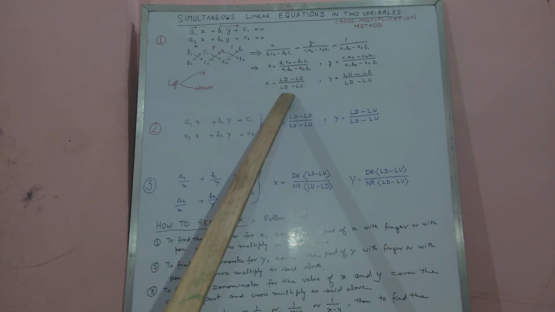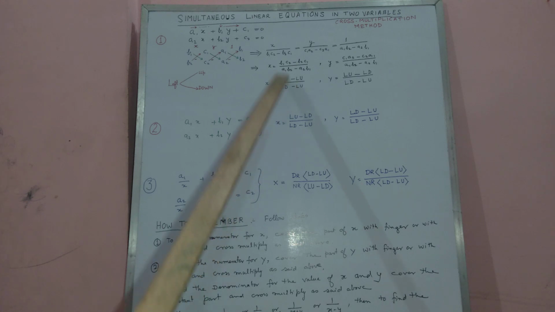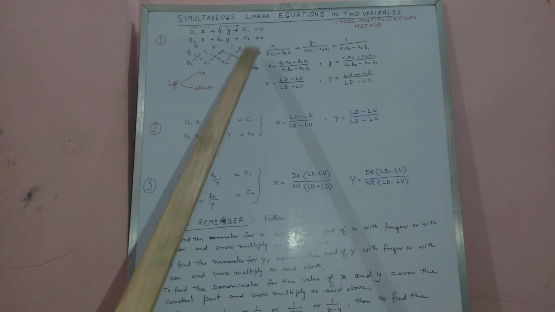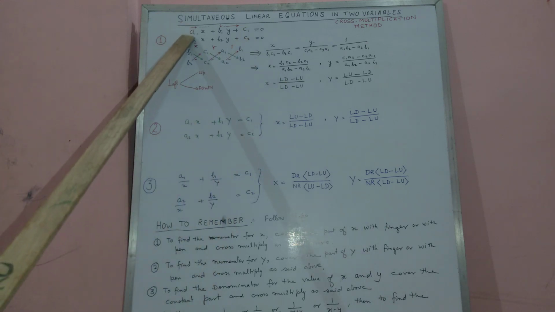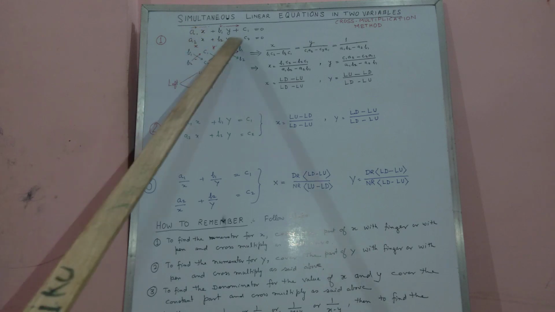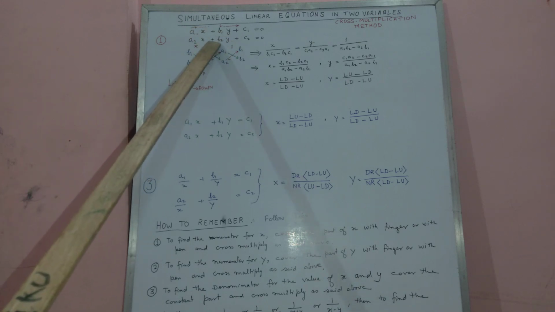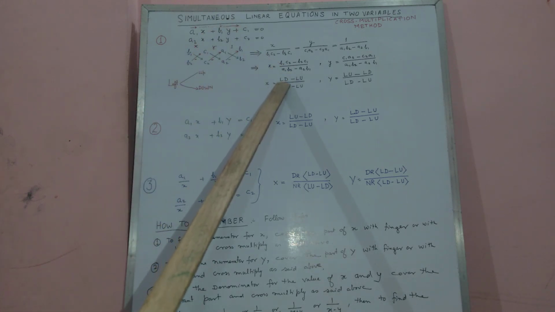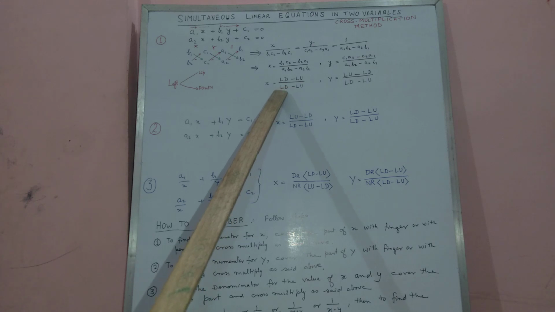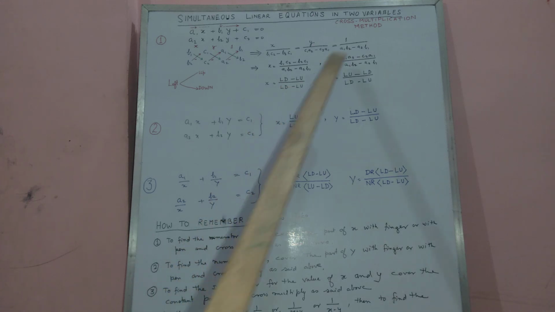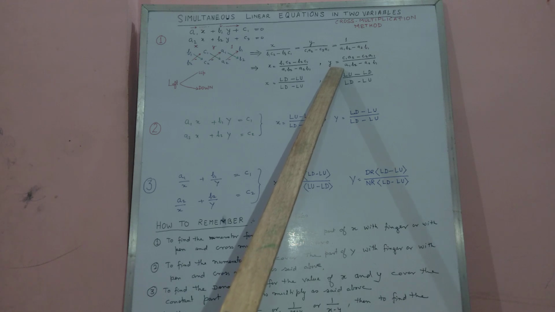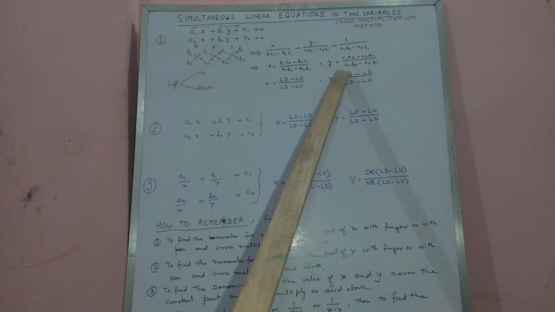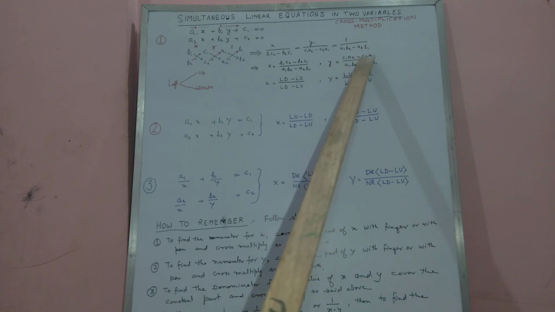For the denominator, you cover the constant part, c1, c2, and apply the cross multiplication between the coefficients of x and y, that is a1 into b2 minus a2 into b1. LD means left to down minus left to up.